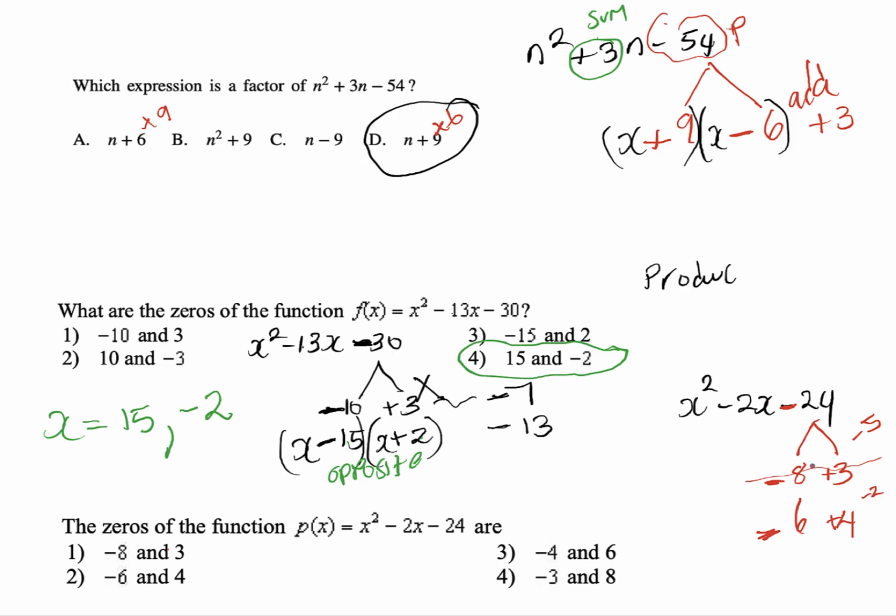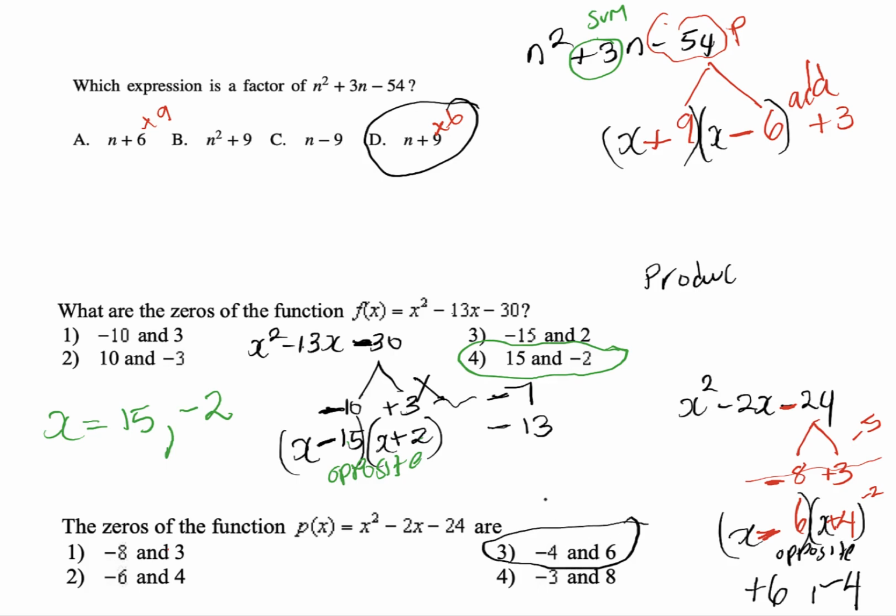Negative 2. All you have to do now is stick an x here and an x here. And to get your factors, you want the opposite. So this would be a positive 6, and this would be a negative 4. So you're looking for positive 6 and negative 4, so your answer is 3.